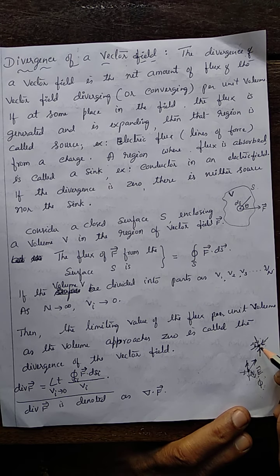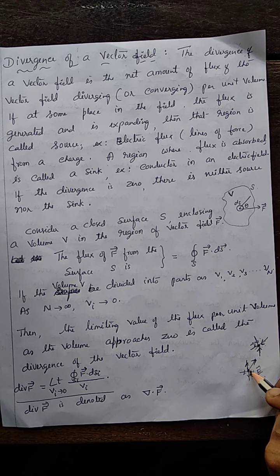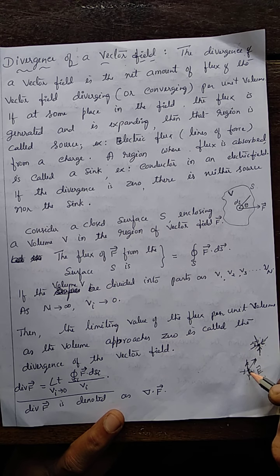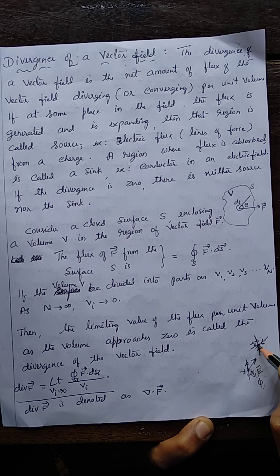A source, where the vector field diverges, can be taken as a point of less density, since the density decreases as the lines of force diverge. Whereas at a sink the vector field converges, so the density is more at the point. This is about the divergence of the vector field.